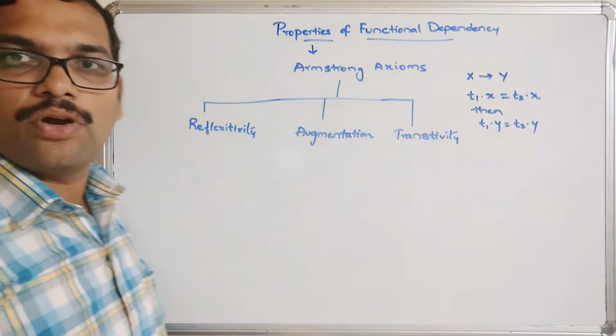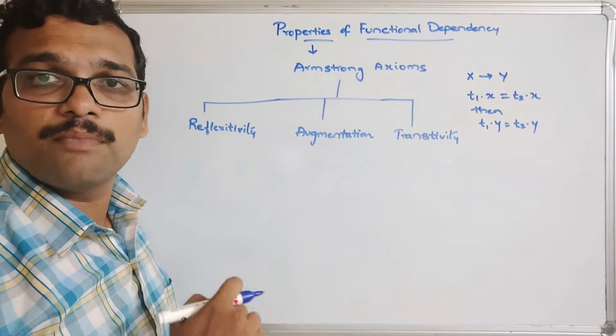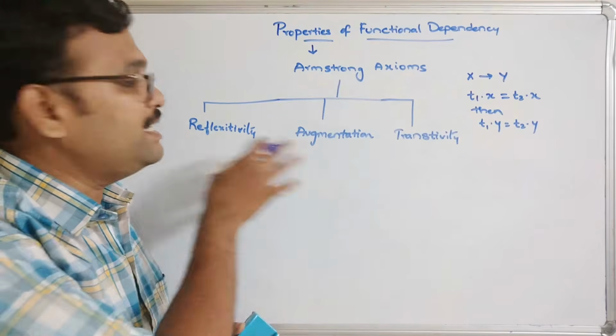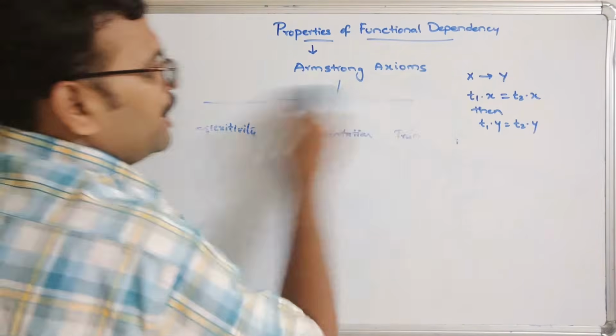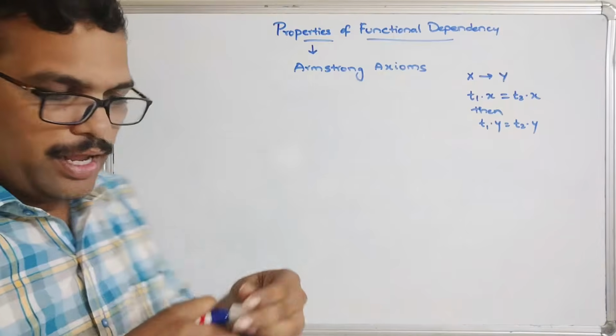These three are the Armstrong axioms. And apart from these Armstrong axioms, we also have some inference rules, which are derived from these Armstrong axioms. So let us check these inference rules which are derived from the Armstrong axioms.